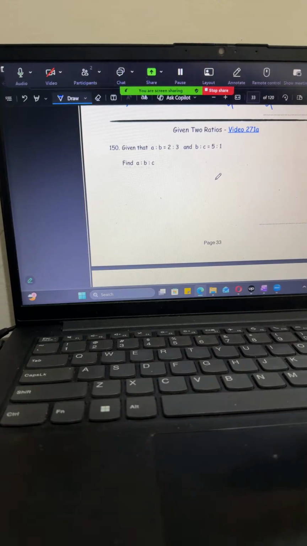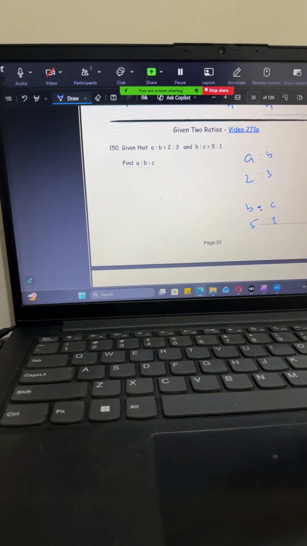So the ratio of A to B is 2 to 3, right? And B to C is 5 to 1. So can we write them in terms of one another? A to B is 2 to 3, and B to C is 5:1. What can we do over here?